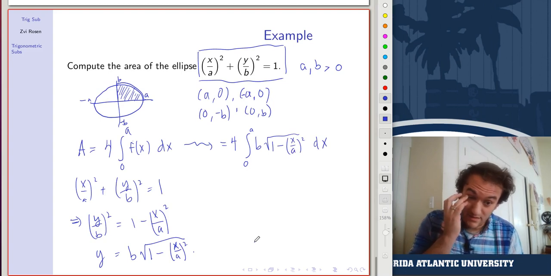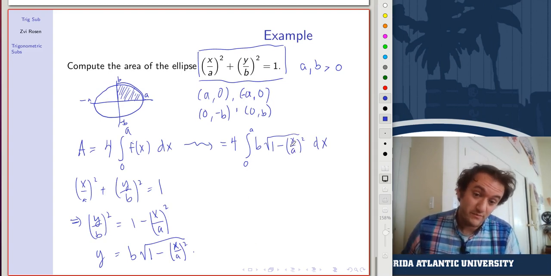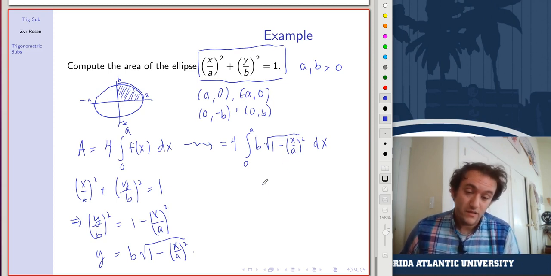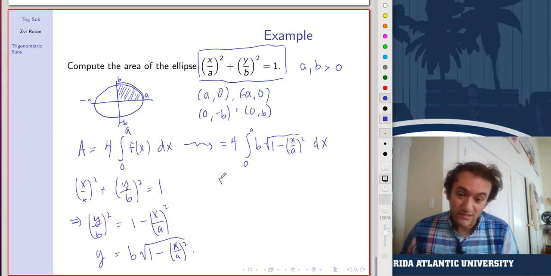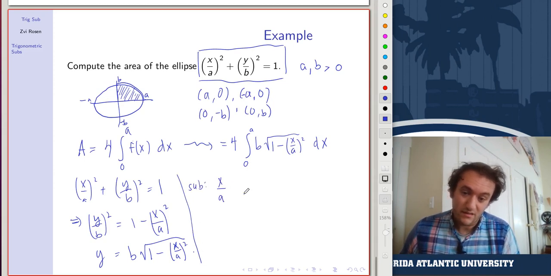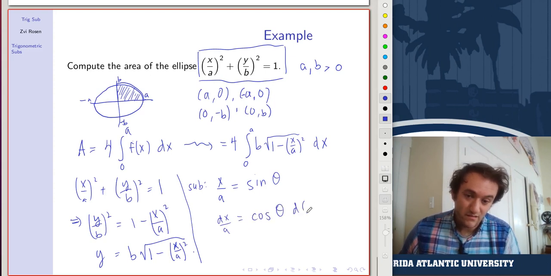So now comes the trigonometric substitution. We see here this is of the form 1 minus a square. So we want to substitute x over a. So let's sub in x over a equals sine theta. Okay, if that's the case, then dx over a equals cosine theta d theta.